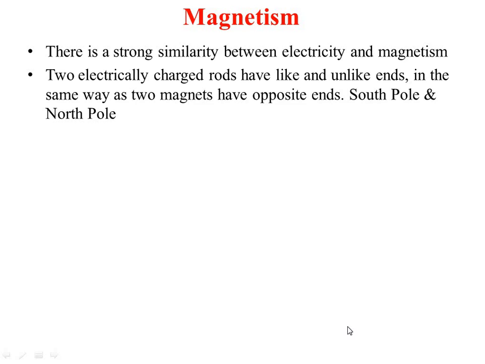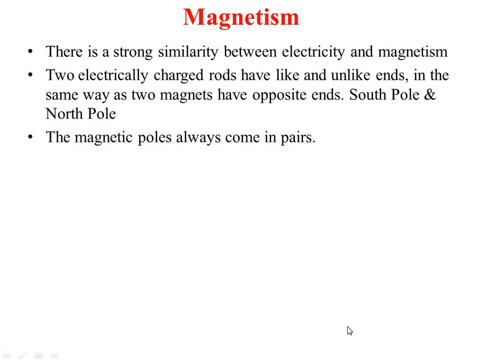But before that, we are going to see how the flux and magnetic field affect the charge, how they affect electricity, and how they can generate EMF. The magnetic poles always come in a pair. You cannot say this is only a south pole and this is only a north pole.